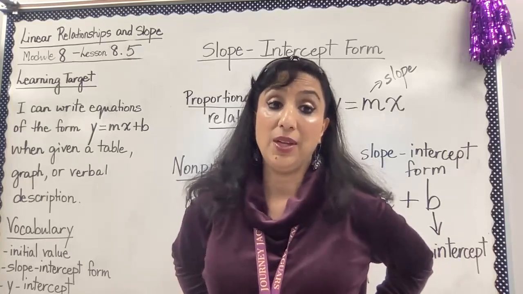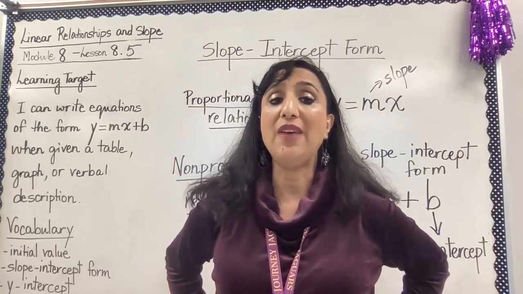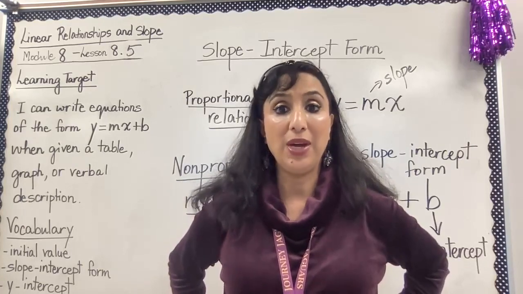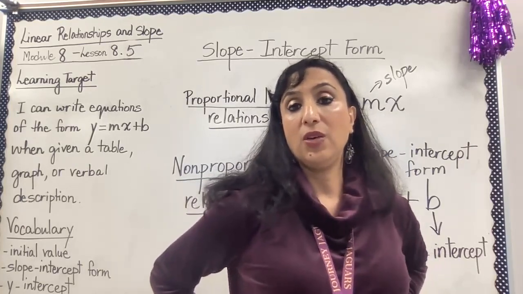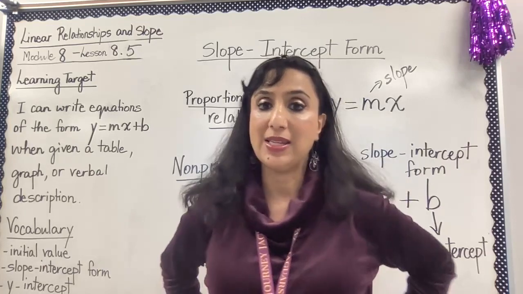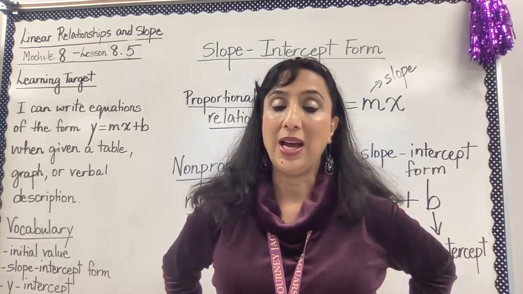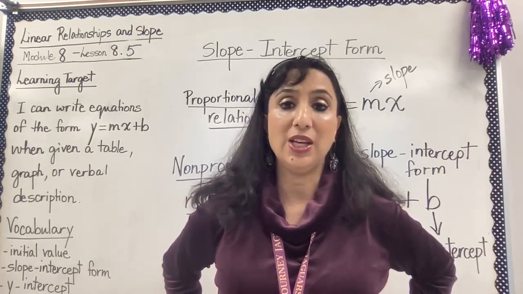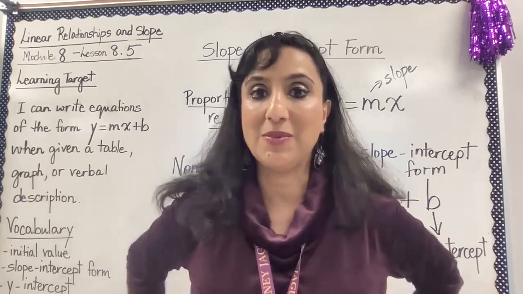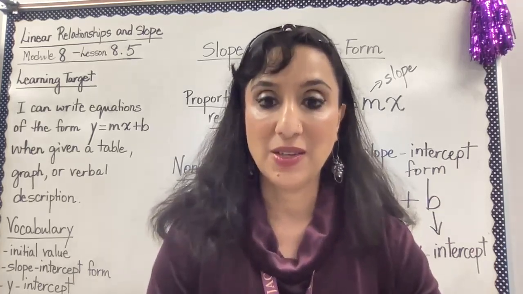Using tables, graphs or verbal descriptions, we are able, using the slope and the y-intercept, to plug into an equation of the form y is equal to mx plus b. And that concludes our lesson for today.